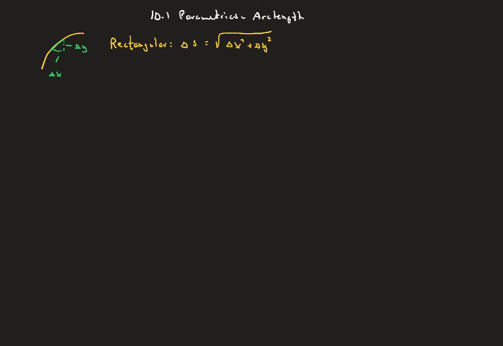Then we did this little game where we said we're going to multiply by 1 in the form of delta x over delta x, and we then brought the denominator delta x inside the radical, and to do that it had to become squared, so we got delta x squared over delta x squared plus delta y squared over delta x squared, and we left that other delta x that was in the numerator on the outside.